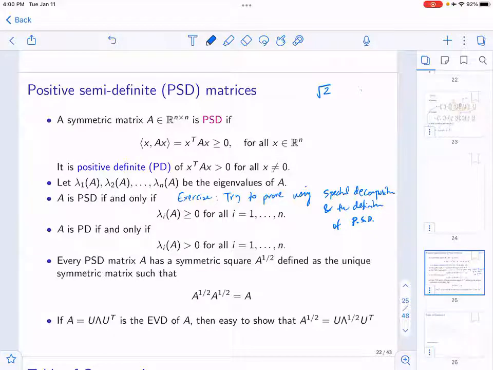If you remember what the definition of a square root is from elementary mathematics, what is the square root of 2? How do you define it? What's the definition of a square root? The number whose value squared is 2.